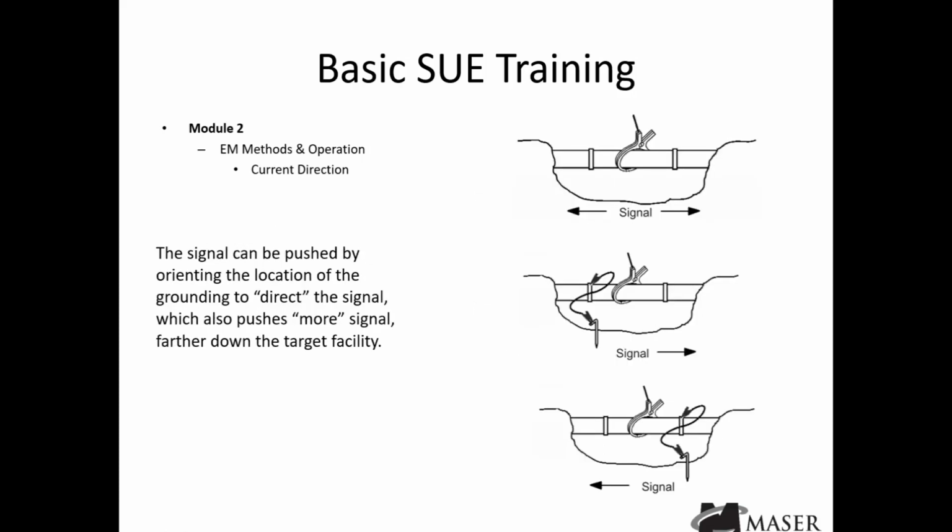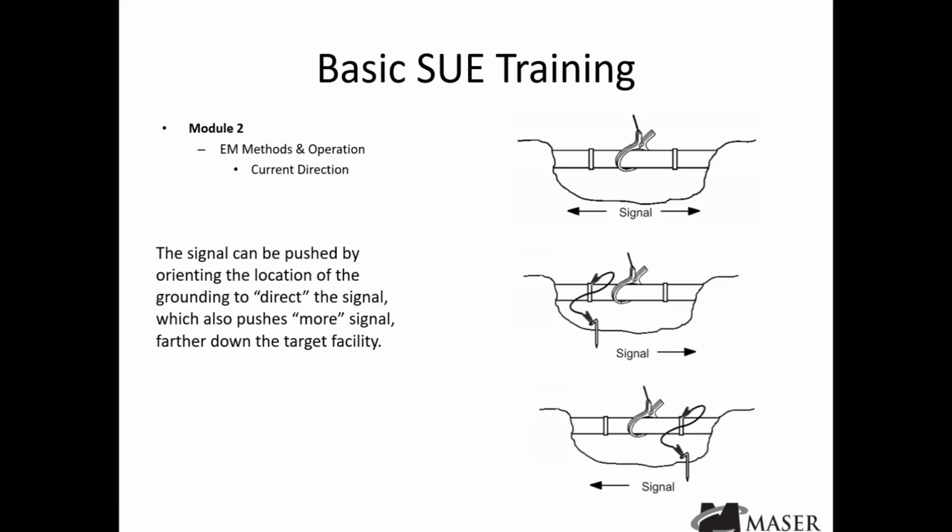Some other pointers: the graphic at the top is very indicative of this. Wherever you connect your transmitter, whether it's through a clamp, dropping the box, or direct connection to the pipe, that signal flows away from that clamp. Here, as indicated, it is flowing away in both directions from the clamp.